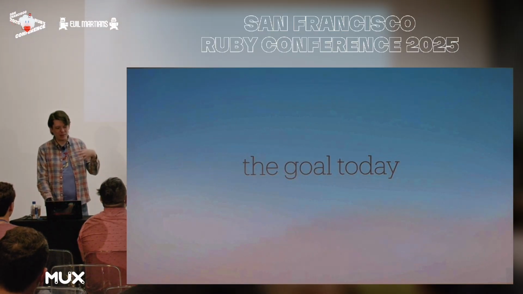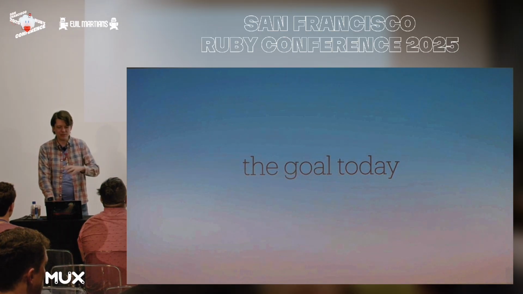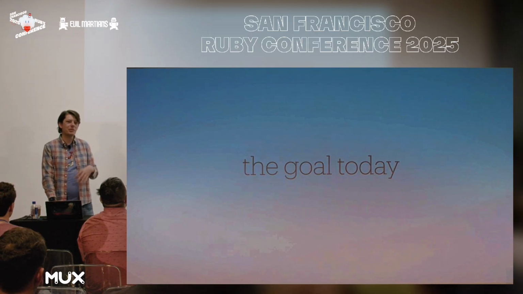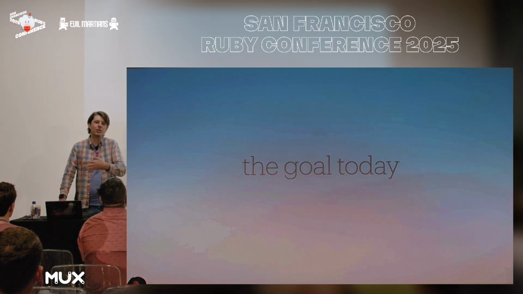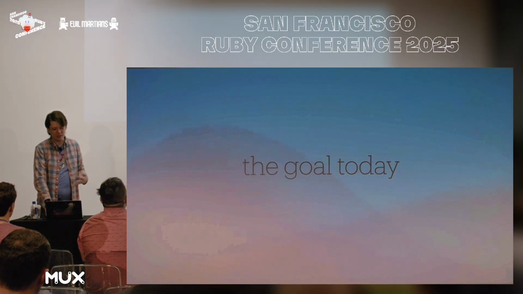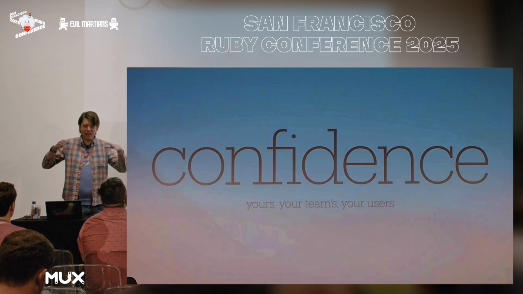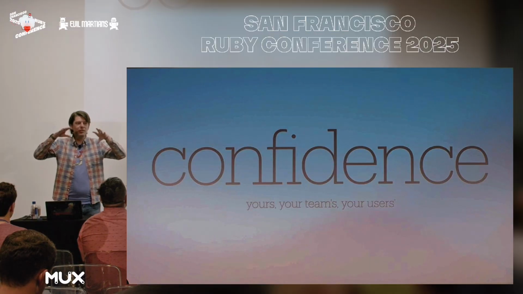Instead, I'm going to talk about a framework for thinking about production applications. Whether this is your first deploy or your 100th production service, there's a set of problems that you need to think about and make sure you have a plan for as part of operating the service. So the goal, the framework, everything that we're going to talk about today all goes up into this idea of confidence.